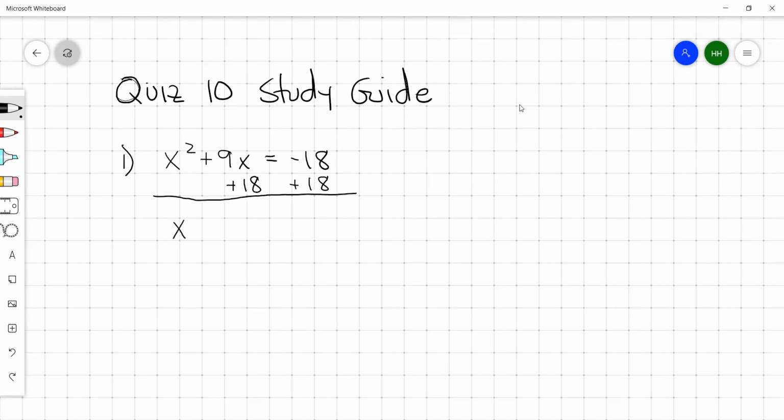We get x squared plus 9x plus 18 is equal to 0. So now we're going to factor this trinomial. We're looking for factors that multiply to 18 and add to 9. So we're going to go x plus 3, x plus 6.